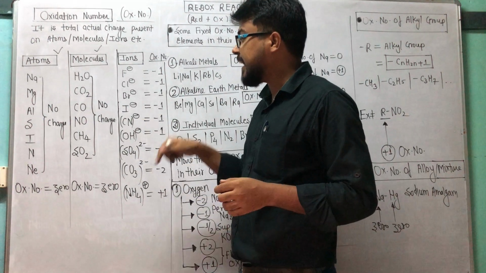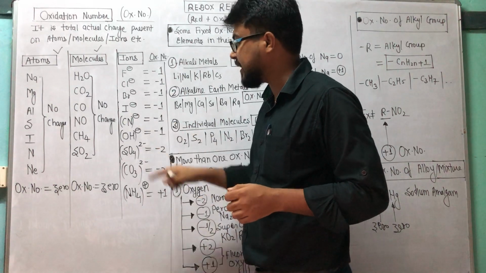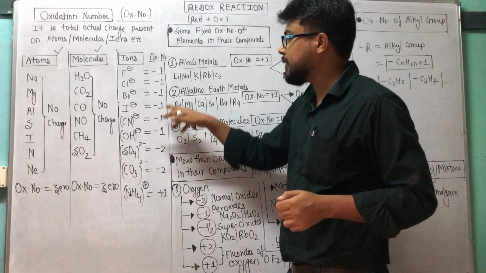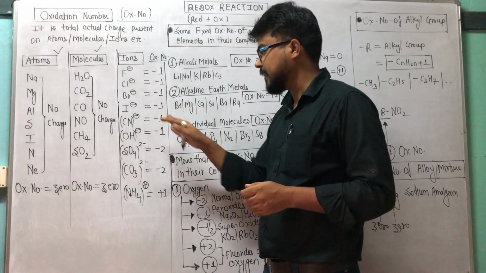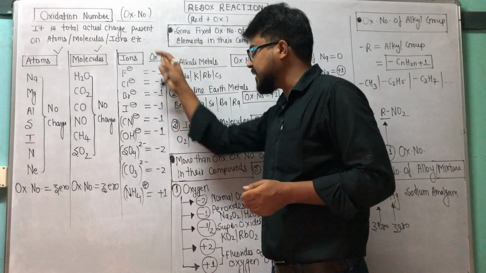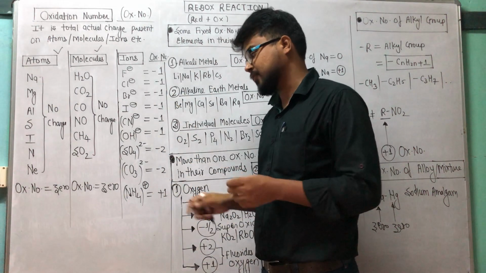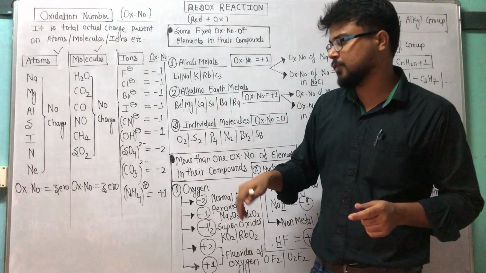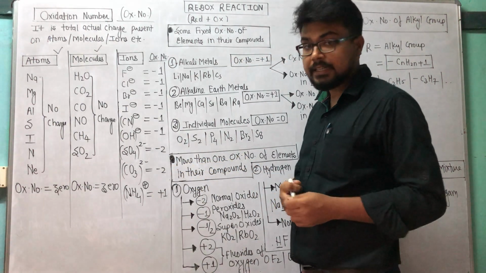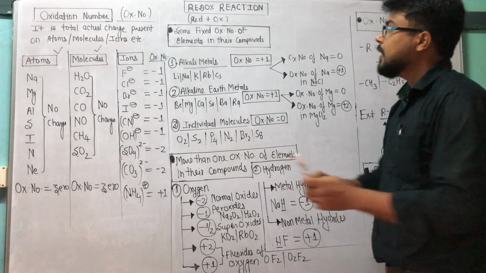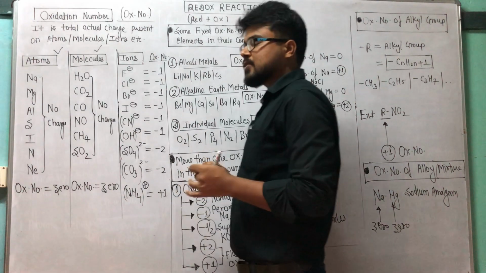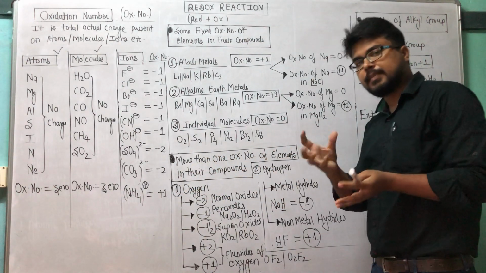Cyanide ion, CN-, and hydroxide ion have -1 charge, so their ox number is -1. Sulfate ion and carbonate ion are -2, so their ox number is -2. And similarly ammonium ion, NH4+, the ox number is +1.